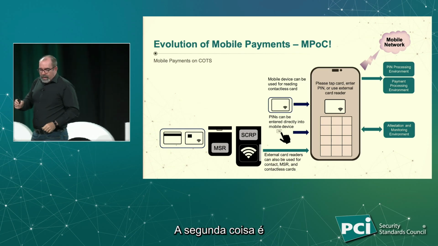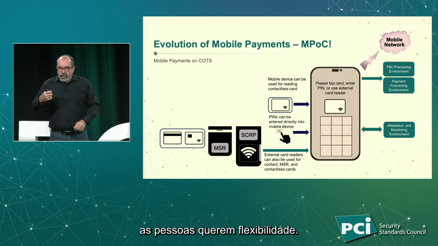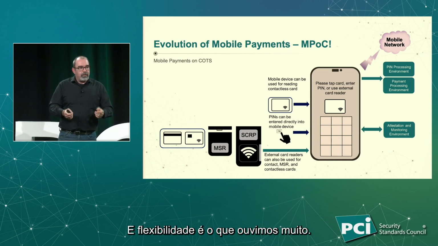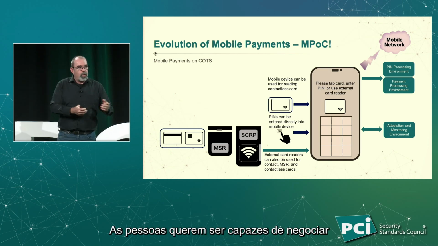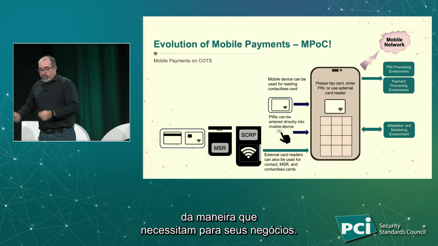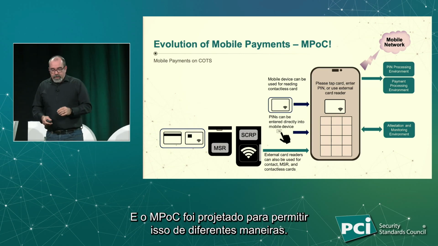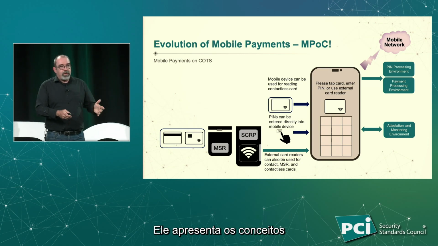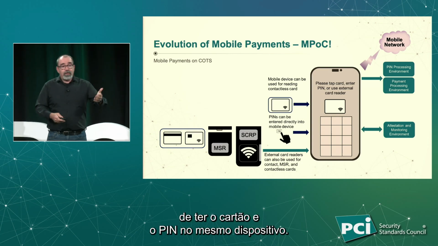The second thing is people want flexibility. I asked that question, what do you want? What do your customers want? And flexibility is what we hear a lot of. People want to be able to transact the way they need to for their business. And MPOC is designed to allow for that in different ways. It introduces the concept of having both the card and the PIN on the same device.